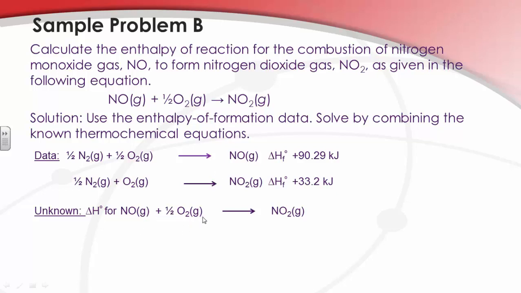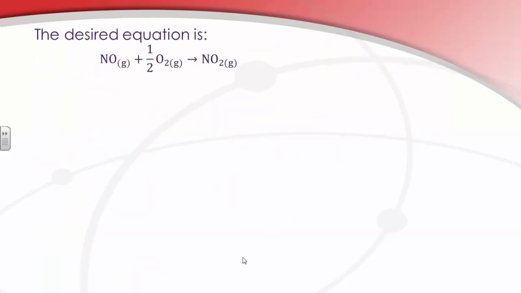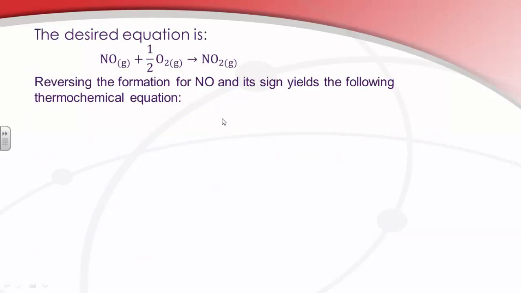remember, here's our target equation. And we have to go and combine our heats of formation reactions to create our unknown. So here's our desired reaction. We reverse the one for the reactant, as I mentioned, and of course we reverse its sign as well.